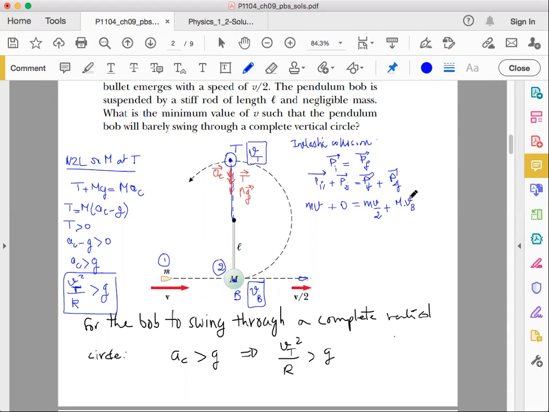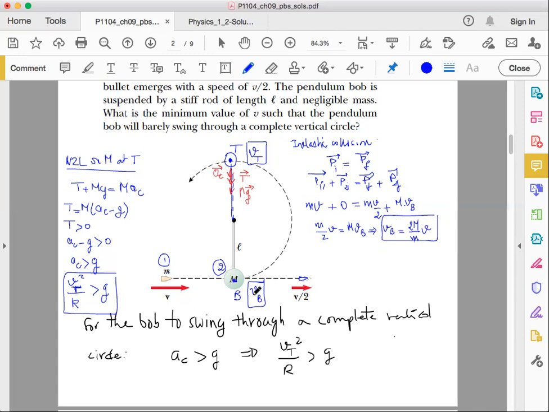So here we can deduce how much is VB as a function of V. We end up with m over 2 times V is equal to m times VB. And from here we can deduce that VB is equal to 2m over m times V, where V is the speed of the bullet. Now, we get what is VB.